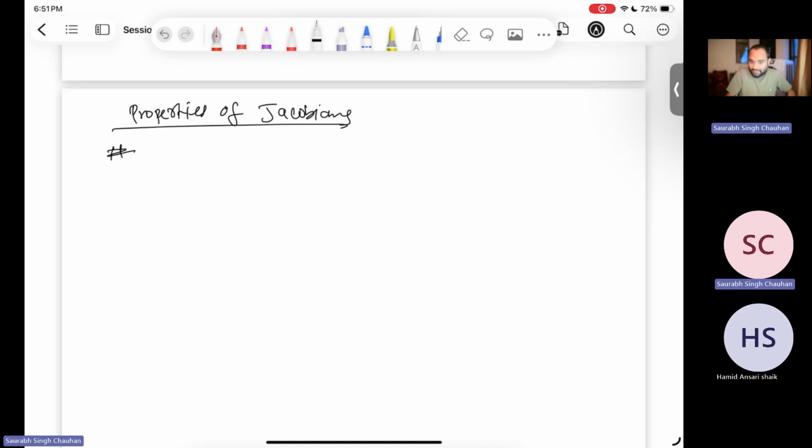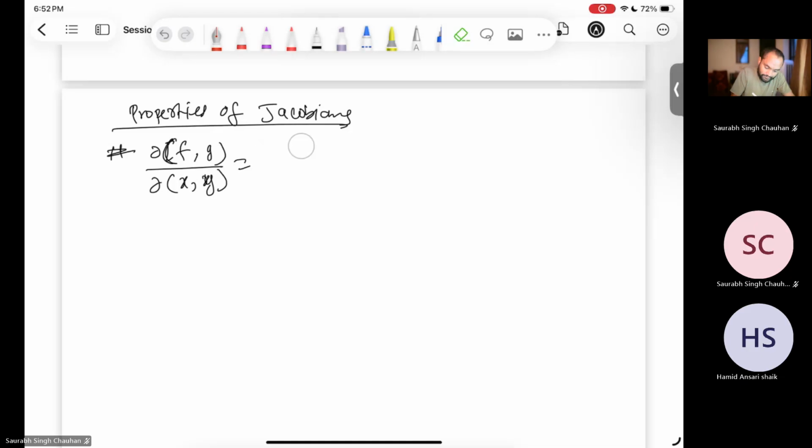Now there are certain properties of Jacobians. Like you have properties of differentiation and integration, similarly you have the properties of Jacobians. So how do we define the Jacobian? Jacobian of f and g is basically the partial derivative of f and g with respect to x comma y. That was our matrix.